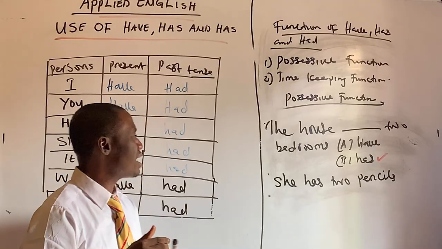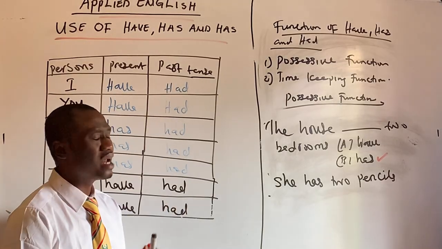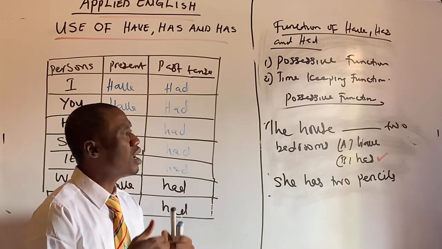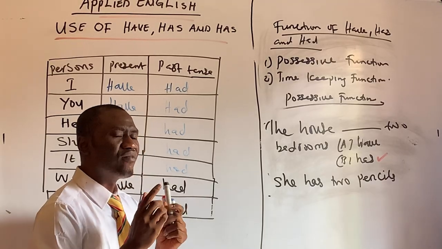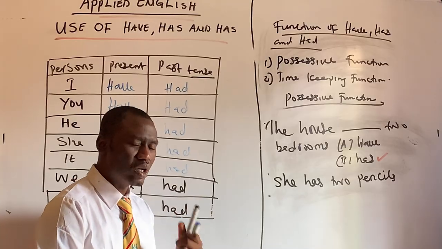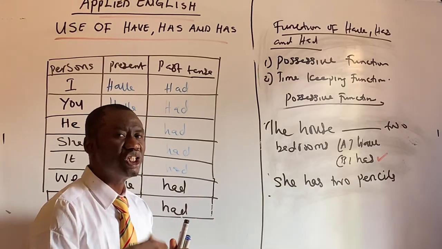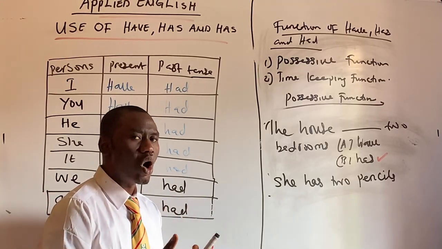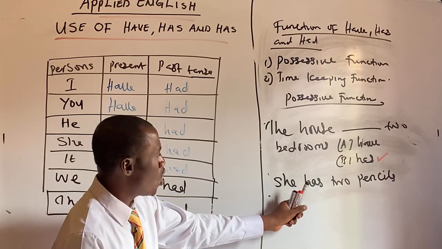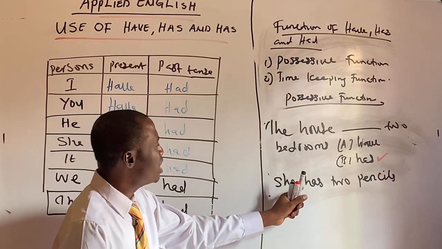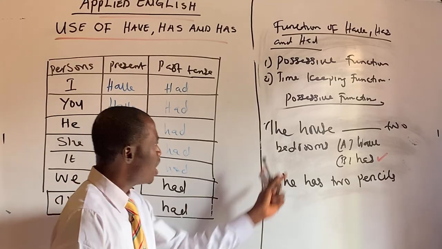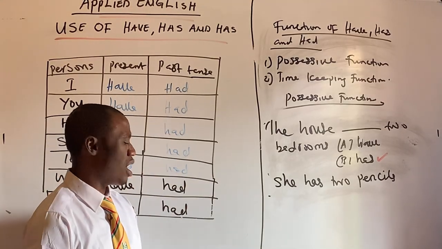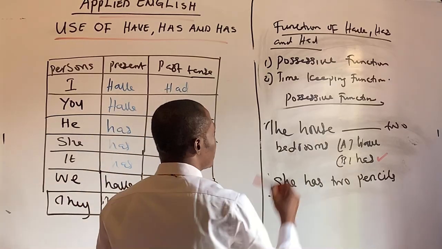We told you that have, has, and had can perform the possessive function in that they function as the main verb to illustrate ownership or containment of something. For this one, it's illustrating ownership. She has 2 pencils. That's illustrating ownership. For this one, the house there is singular.